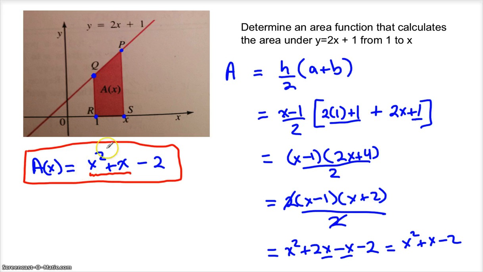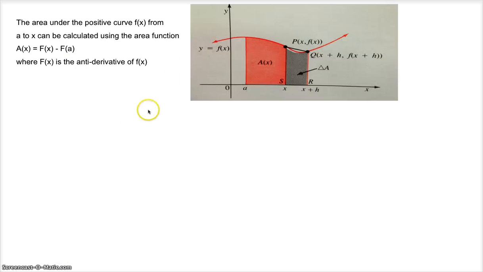So that gives us a clue that the result on the previous slide, that the antiderivatives have something to do with this process of calculating the area beneath a curve. Okay, so let's go back to our result here. We can calculate the area beneath a curve f at x, provided it's positive, by using this formula here. It's F at x minus F at a, where F at x is the antiderivative of the curve f at x.